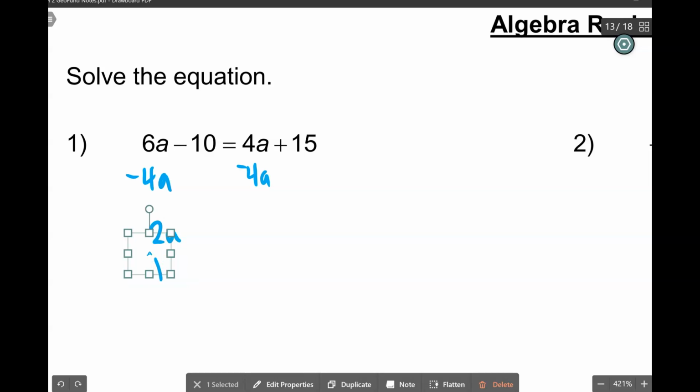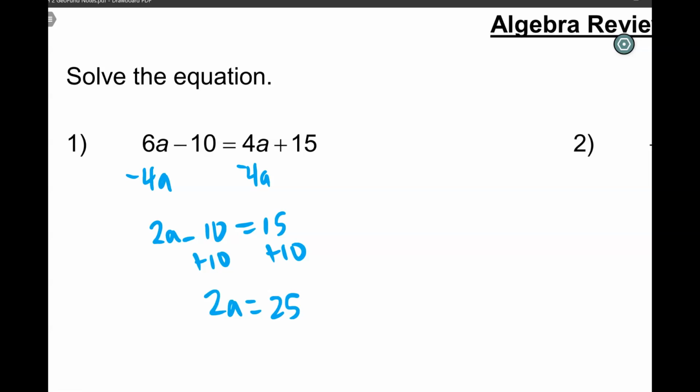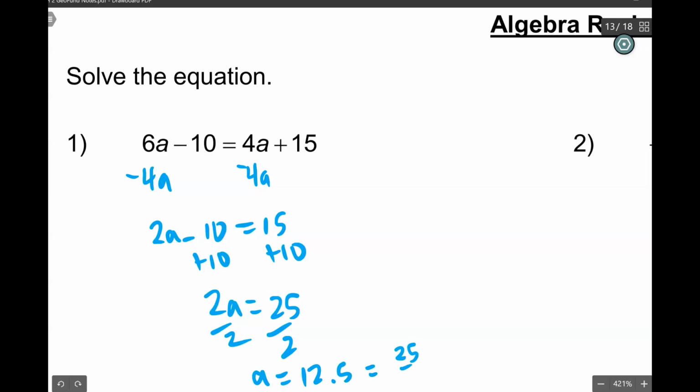Oops, okay. So this is minus 10, 15. Okay, so add 10 on both sides. I'm good now, right? I moved everything with a variable to the left, everything without a variable to the right. So if I divide by 2 on both sides, I get a is 12.5. You could also write 25 over 2, right? Fraction is fine, decimal is fine, either way.